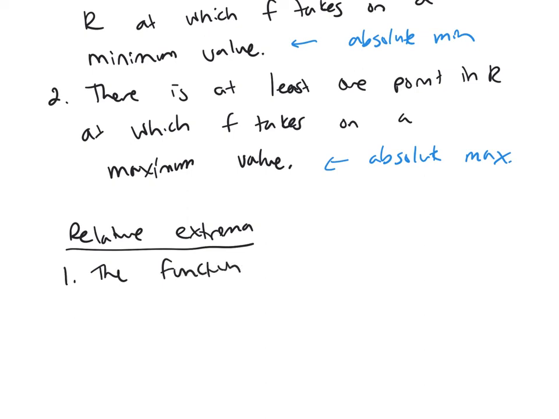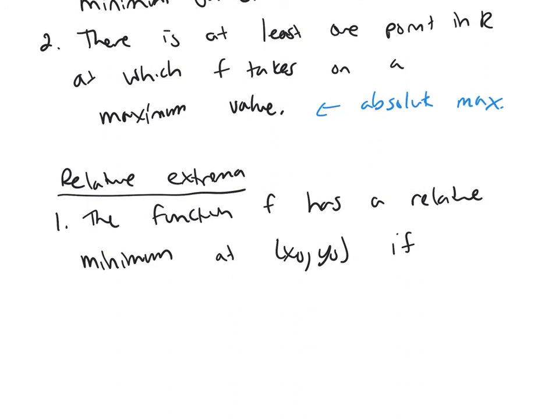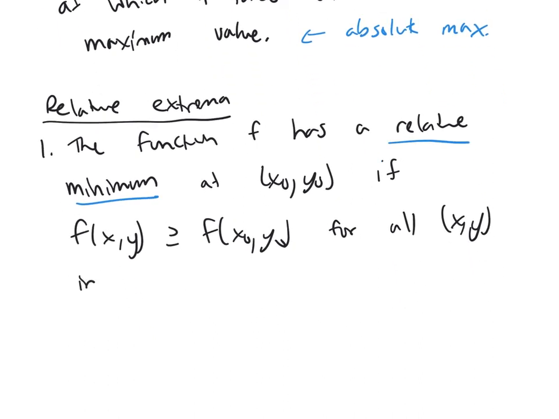The function f has a relative minimum at a point x naught, y naught if f of x y is greater than or equal to f of x naught, y naught for all x y in an open disk containing x naught, y naught.